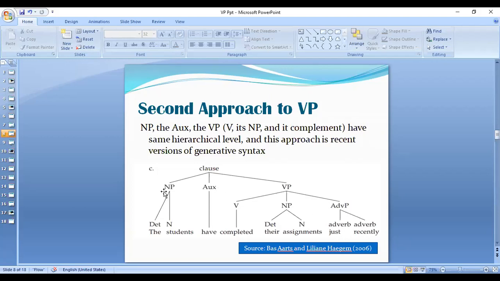By this diagram, we can understand that verb phrase comprises the main verb and other complements that come in the sentences.